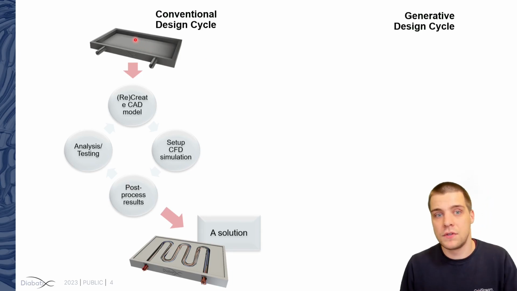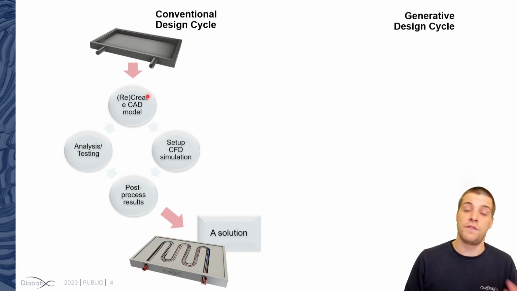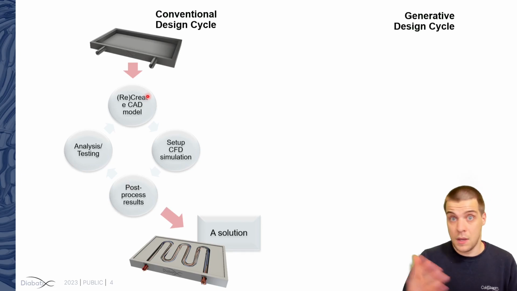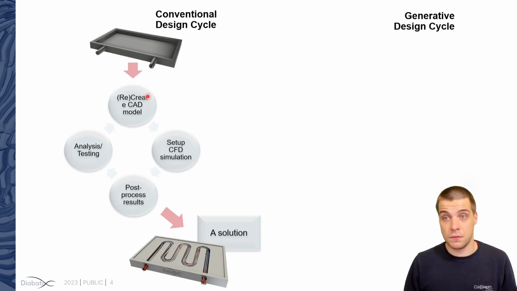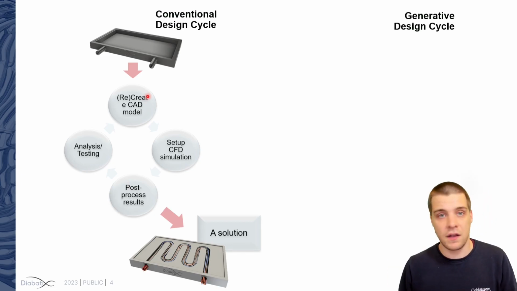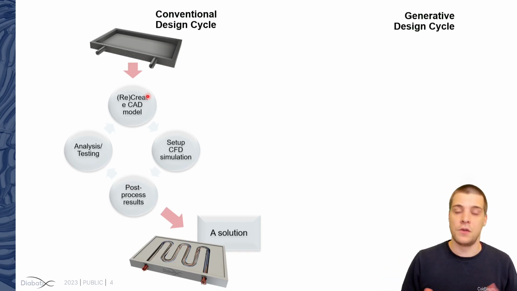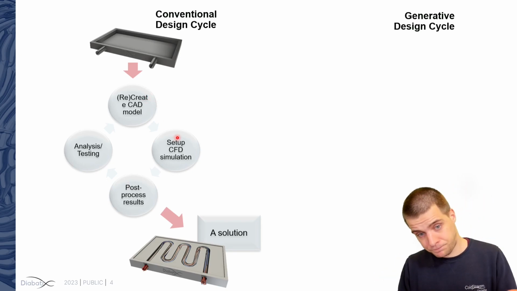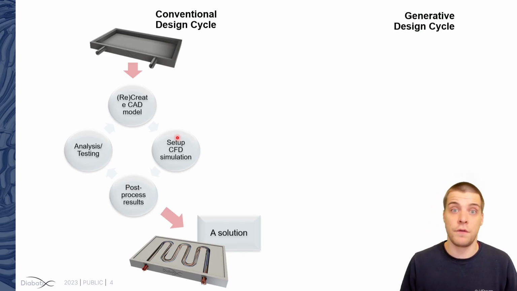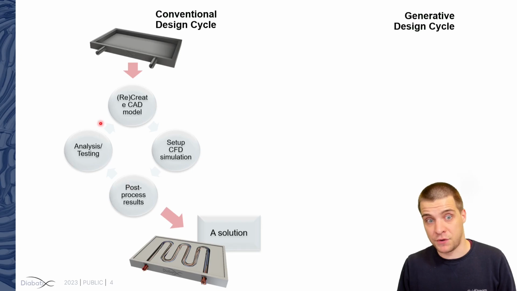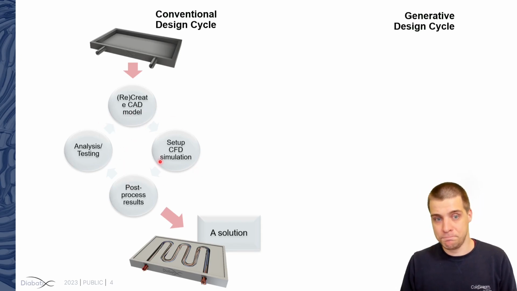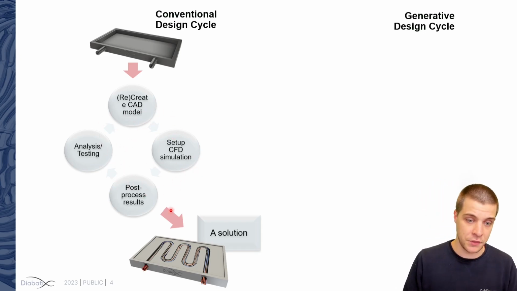That usually starts empty, but you then create a first CAD model, be it based on past experience, or you saw something interesting via LinkedIn. You draw the design, you run a CFD simulation or the physical experiments, you analyze the results and make modifications. You typically loop through this a couple of times until you get a solution.